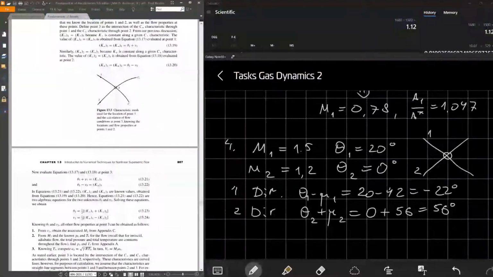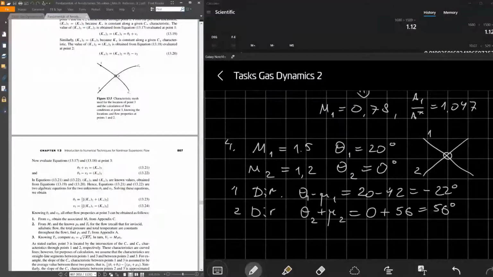And it says to us, this is the solution of crossing points, that the direction of the flow will be 1/2 of the sum of two characteristic line values, and the Prandtl-Meyer function value will be a difference of two characteristic line values. So we basically need to know K minus 1 for both equations and K plus 2 for both of the equations.